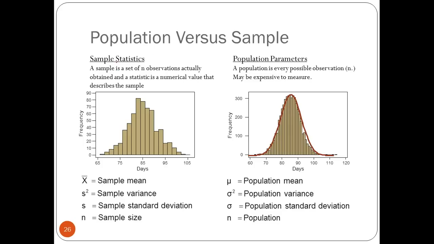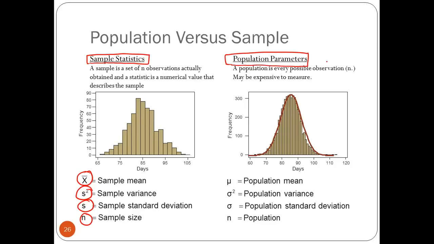There is a term called sample statistics. Sample statistics are the numerical measures we get from the sample, like the sample mean. This is a sample statistic, as are sample variance, sample standard deviation, sample size, or it could be a percentage or proportion, things like that. And then there is a term called population parameters.